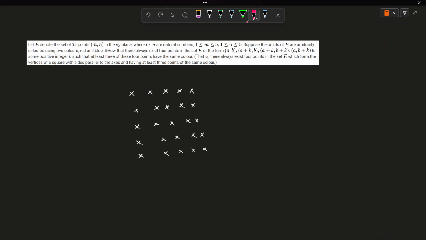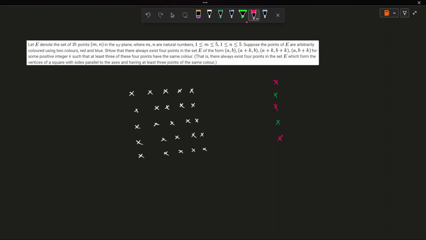Choosing these 3 points, we can have two choices. Either the points are alternatingly arranged, like this, or there exist two consecutive ones.